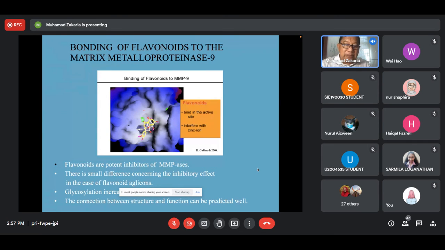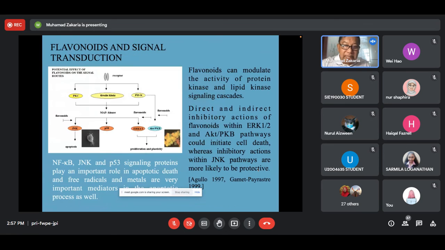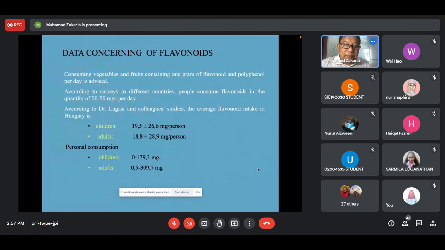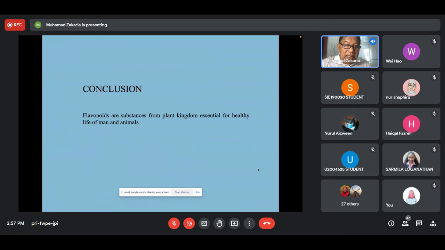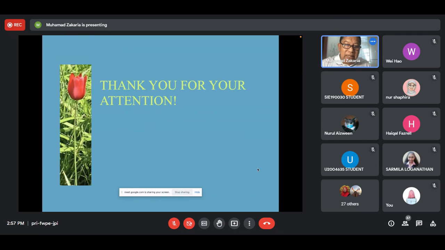Here, some examples: matrix metalloproteinase, flavonoid and signal transduction. Okay. Flavonoid are substances from plant kingdom essential for healthy life of man and animal. Thank you for your attention.